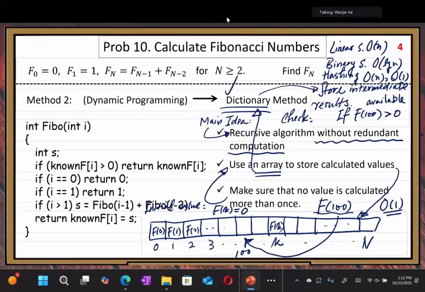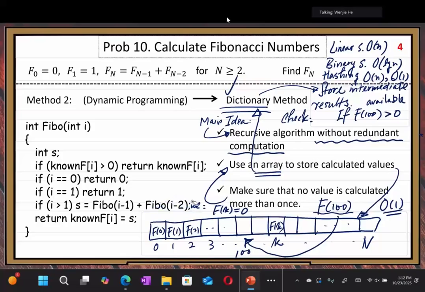Then the recursive function, fibo of parameter input I. Then a temporary storage variable S. S is used to store the intermediate calculation result.